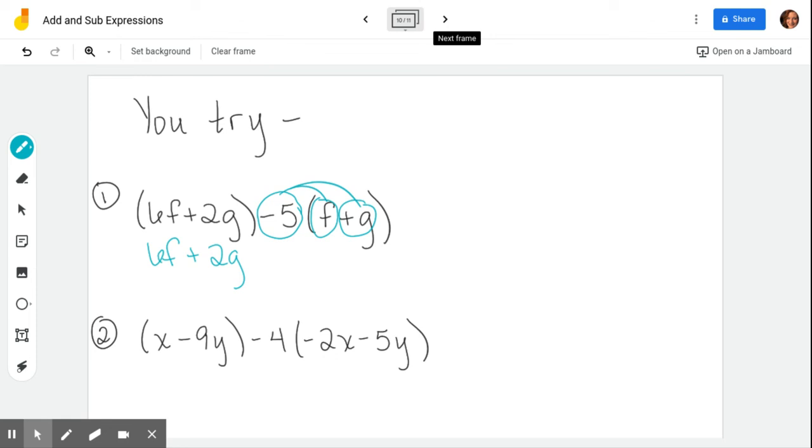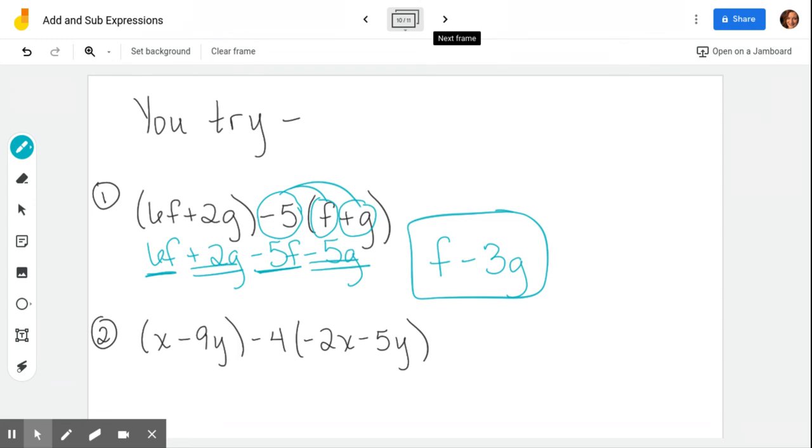Negative 5 times f is negative 5f. Negative 5 times g is minus or negative 5g. Like terms, 6f minus 5f is 1f, or just f. Positive 2g minus 5g is minus 3g.